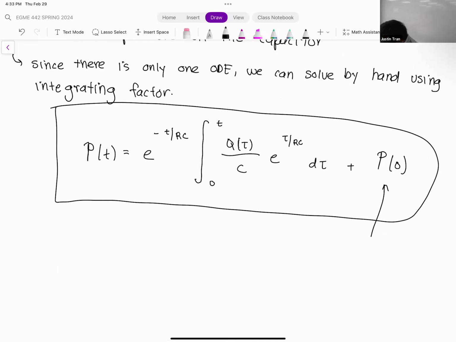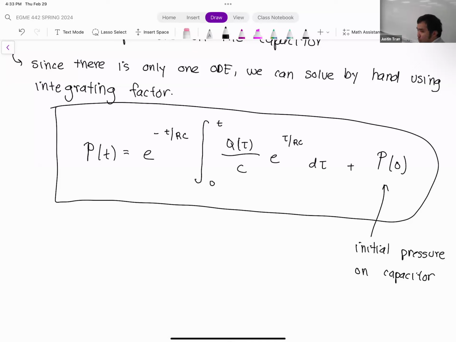All right, so P of 0 here, this is the initial pressure on the capacitor. Okay. And notice how this is a generic solution because we're not given a form for Q of t.